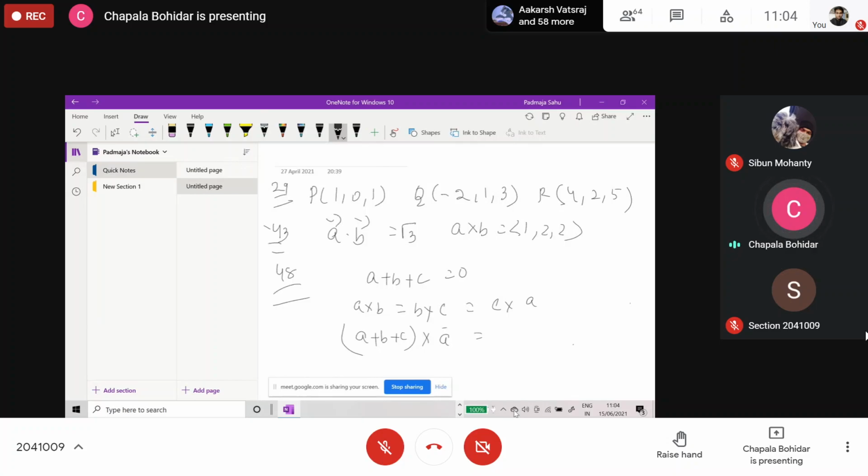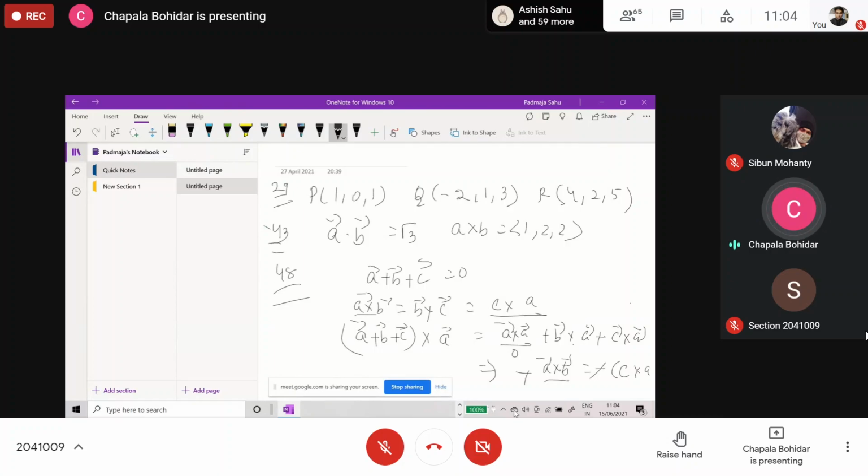I am not writing vectors here, but all are vectors. So it is A cross A, B cross A, plus C cross A. A cross A is 0, so we get minus A cross B is equal to minus C cross A. So these two cancel out, and I'm getting these two.